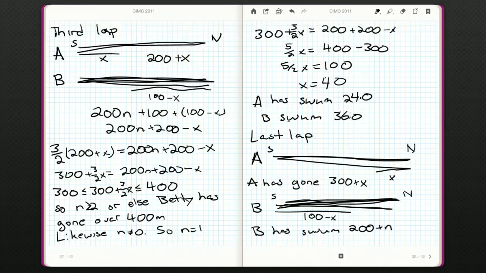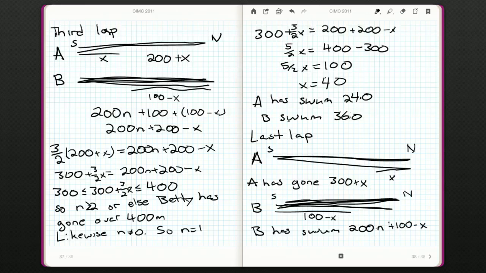So again, we don't know how many laps she's done. I'm going to guess she's probably done N equals 2 this time, just because I'm noticing the numbers aren't varying that wildly. So, oops, that's 200N, not 200 plus N. 200N plus 100 minus X. Okay. And I'm noticing, just because I was talking about it earlier, multiples of 200, I've got multiples of 200 here. 300 plus 100, that's 400.